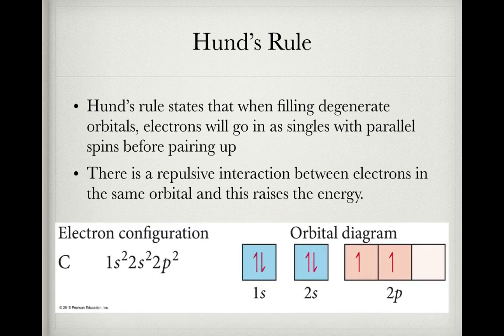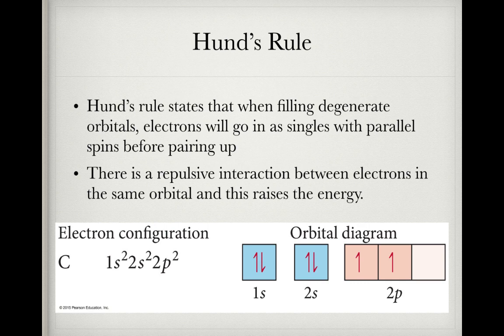If we look at carbon here, it has the electron configuration of 1s2, 2s2, 2p2, and this is because carbon has 6 electrons, and the 1s fills in first, and then the 2s, and then if we have any left, they go into the 2p. We see that we've got our 1s filled, our 2s filled, and then in the 2p, we take those 2 electrons and put them in as parallel spins, meaning that they are both either spin up or both spin down.